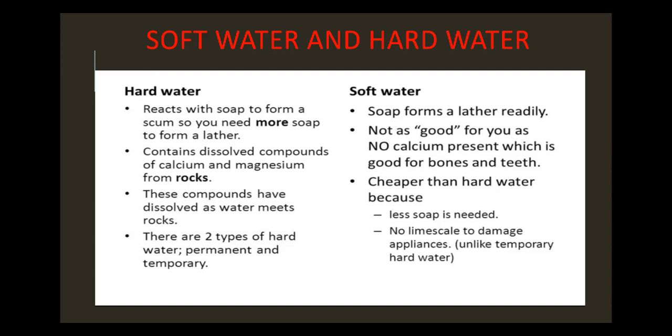So here is a comparison between hard water and soft water. Hard water reacts with soap to form scum, so you need more soap to form lather, and with soft water, soap forms lather very easily and readily.